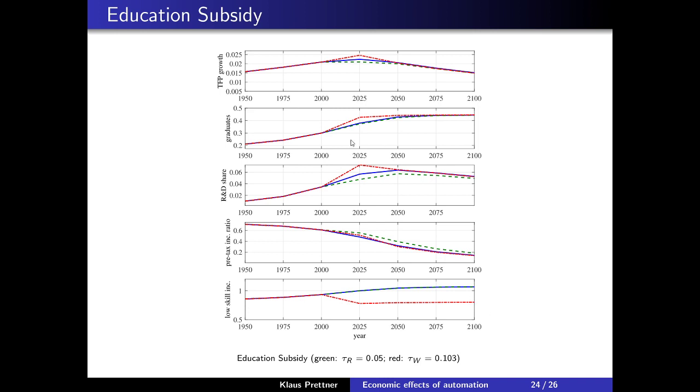But in exchange, if we finance the redistribution with a labor income tax, we get an increase in the share of graduates, an increase in research and development, and an increase in TFP growth, at least during the transition. In the long run, it would not change, because in the long run, even if we subsidize education, we hit the ability threshold, and from then onwards, no additional people can obtain a college degree.